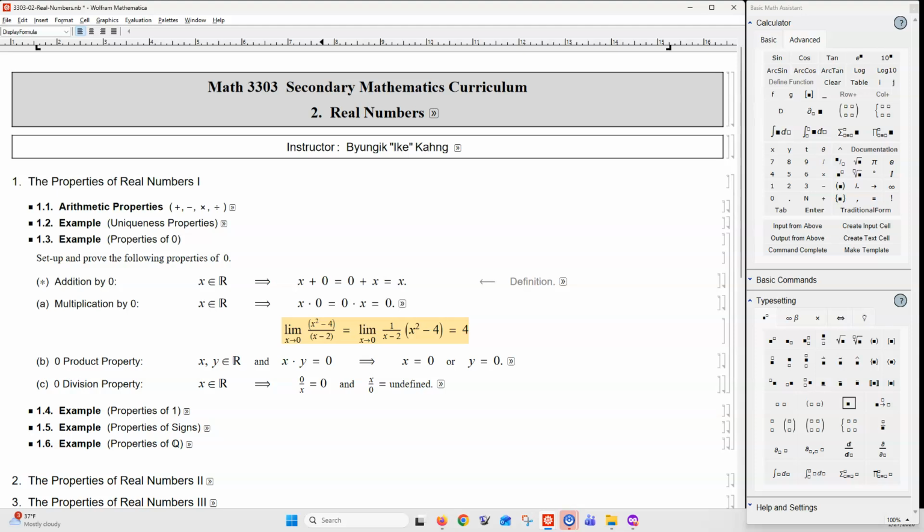Let's see, I think you're going to get 4. Anyway, this is cheating. This is a 0 over 0 type limit artificially turned into a 0 times infinity type limit.